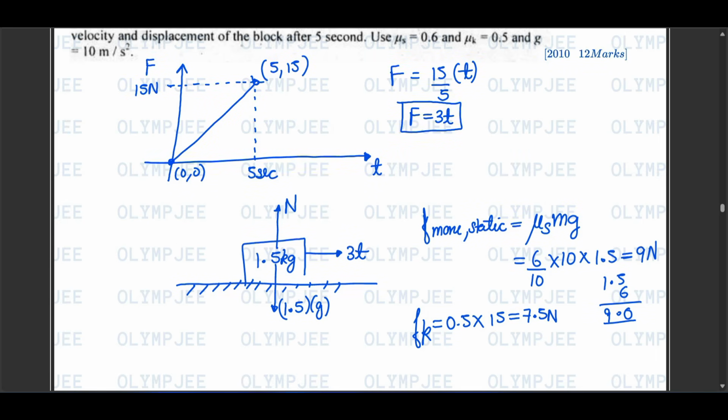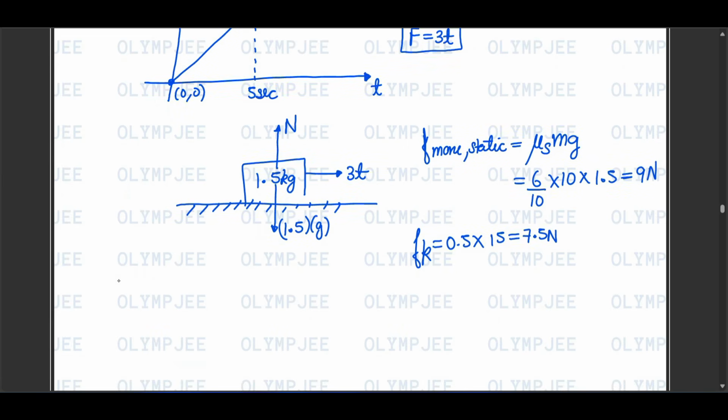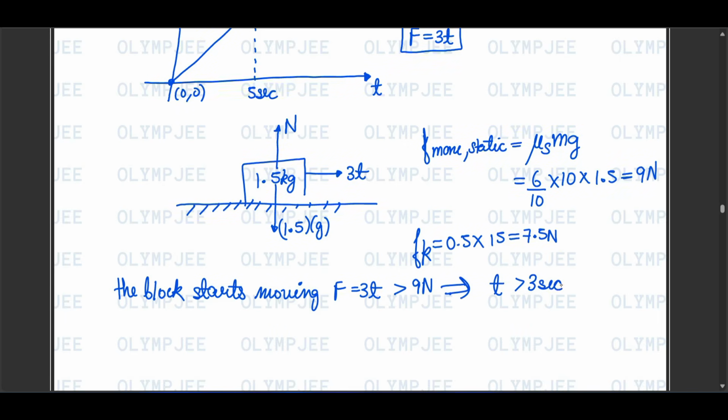Let me erase this calculation. So the block starts moving when the force, which is equal to 3t, becomes more than 9 newtons. This implies that the block will start moving if t is greater than 3 seconds, right?